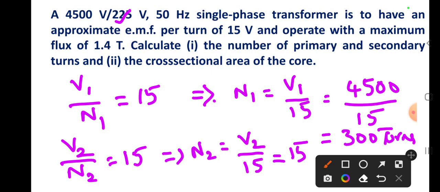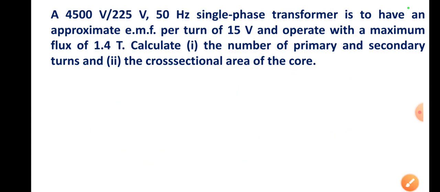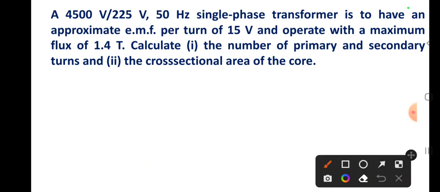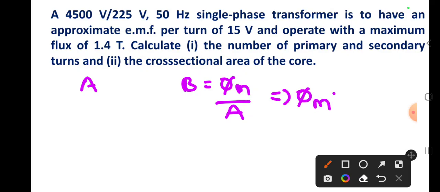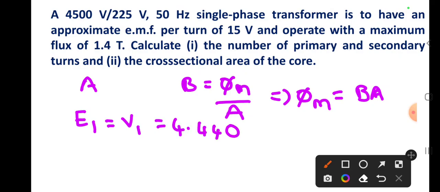Then how can you find the cross sectional area of the core? You need to find the value of the cross sectional area. For that, we know the B value. B is equal to phi m by A, and phi m is B into A. So first we remember the EMF equation: E1 is equal to V1 is equal to 4.44 phi m F N1.